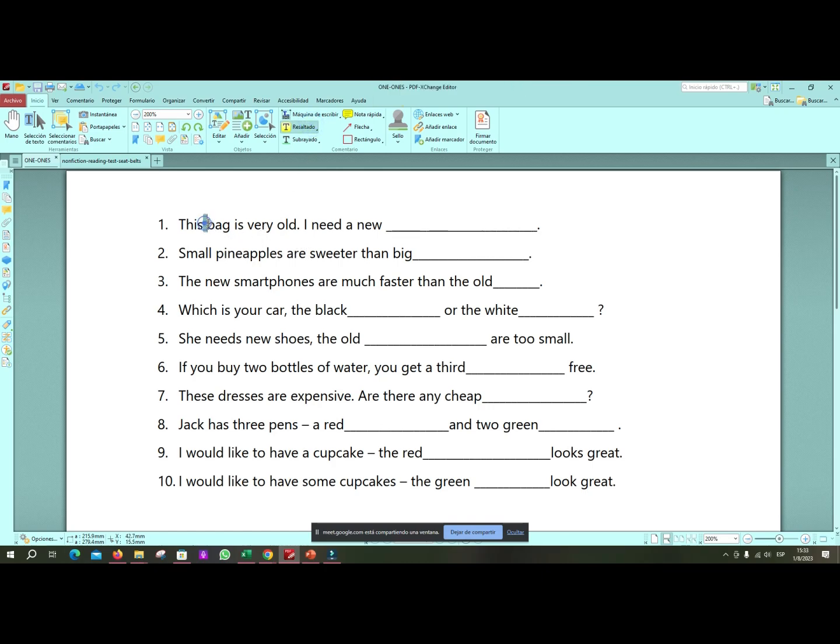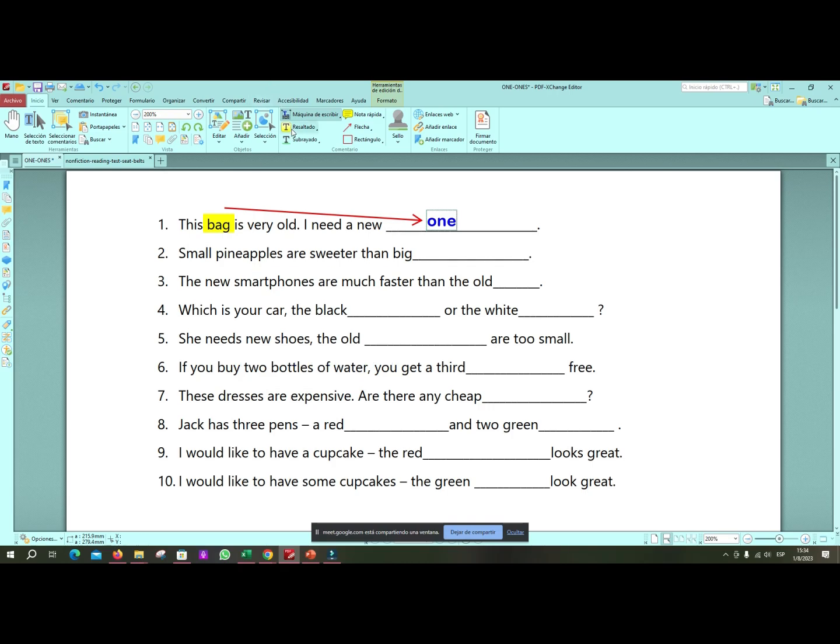You're going to replace bag in this sentence because that is the noun, and it is singular. So: This bag is very old. I need a new one. And you're replacing what? Bag, in this case.